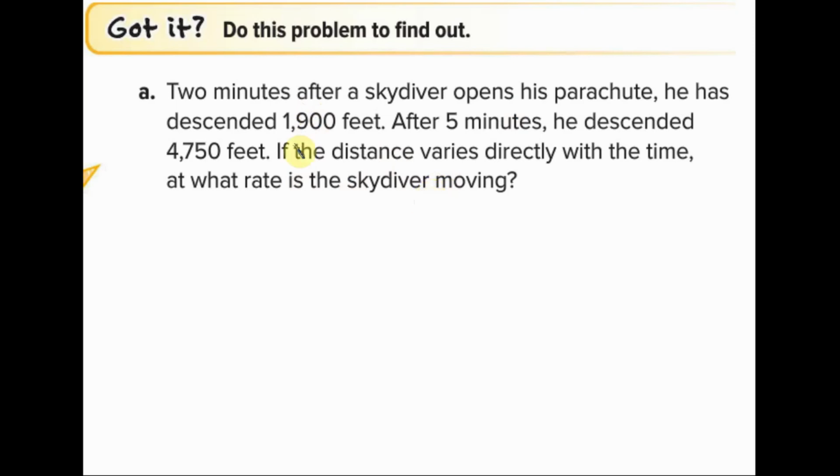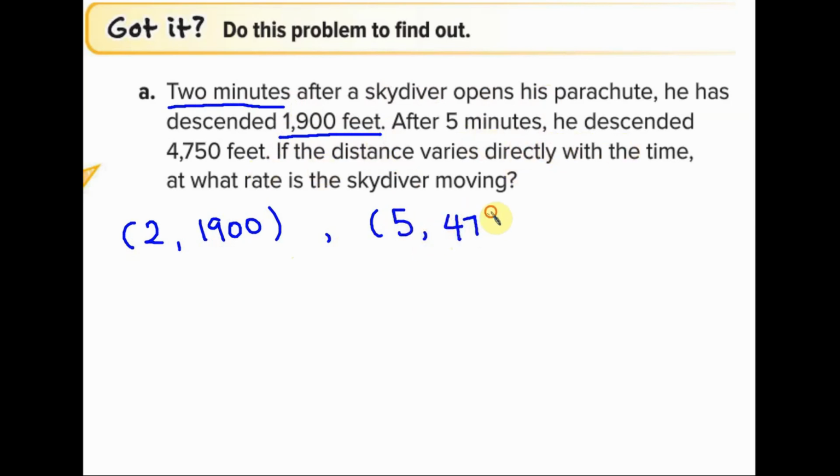The first is that 2 minutes after a skydiver opens his parachute, he's descended 1,900 feet. So in 2 minutes, there is 1,900. Also, there's one more: after 5 minutes, he descended 4,750 feet.